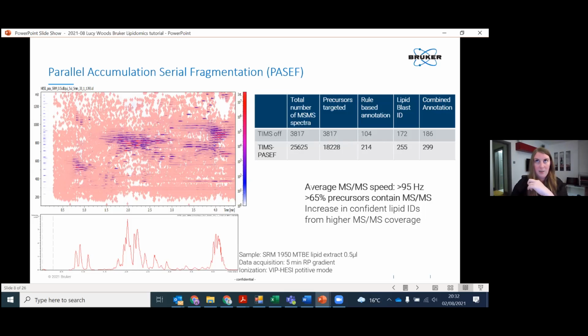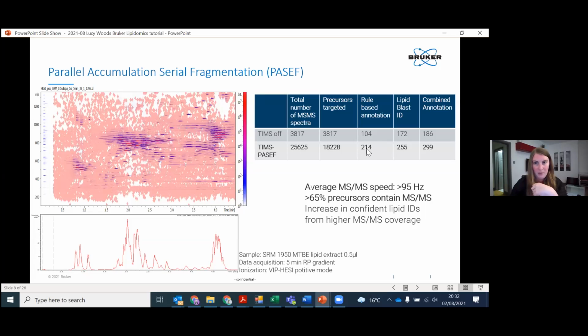We want to target some low-level precursors more than once. This is why, when you look at the number of precursors targeted, the number drops from 25,000 to 18,000, because the way the passive scheduler works is to fragment low-level lipids multiple times to get better signal to noise and a better chance of annotating that lipid.